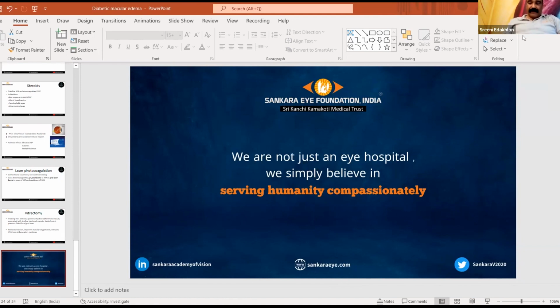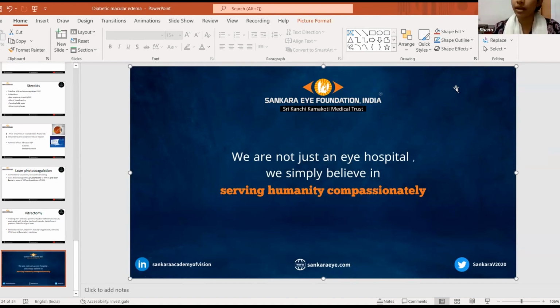Okay. What you told about intravitreal anti-VEGF agents, how frequently do you give these anti-VEGF agents? And will you be able to treat it just by using intravitreal anti-VEGF agents?